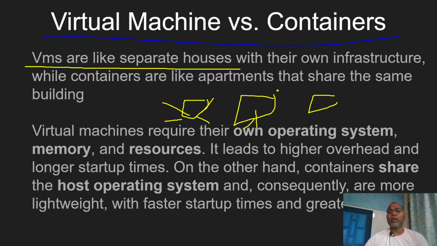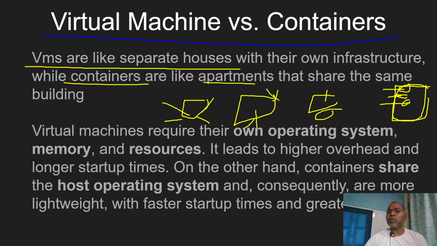They build everything from scratch. Now a container looks like an apartment. This is one multi-storey building, and multiple people can buy their own homes in it. So containers are like apartments that share the same building infrastructure, same architecture.